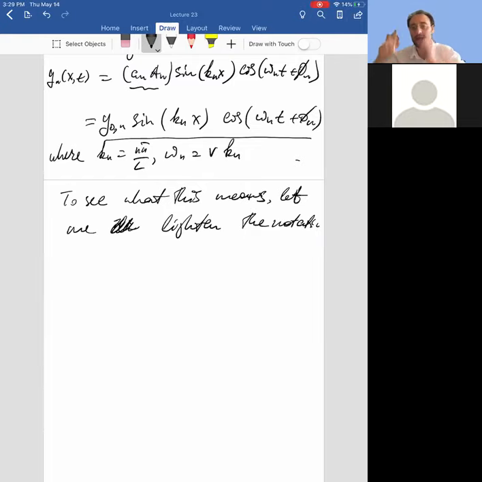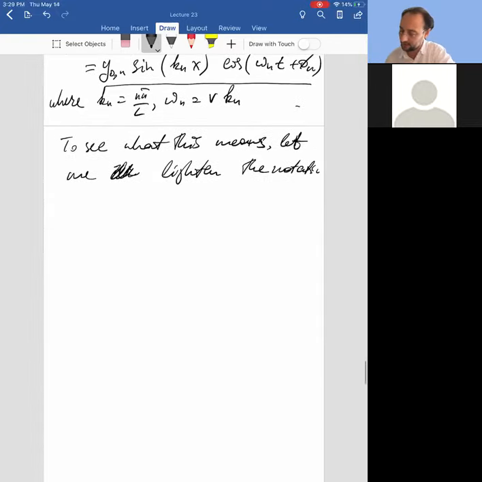What does the sub n mean? It means you have a discrete ladder of states, and each is labeled by index n, 1, 2, 3, and so on. But the essence of what we have is a function of space and time: some initial deflection times the spatial part times the temporal part.